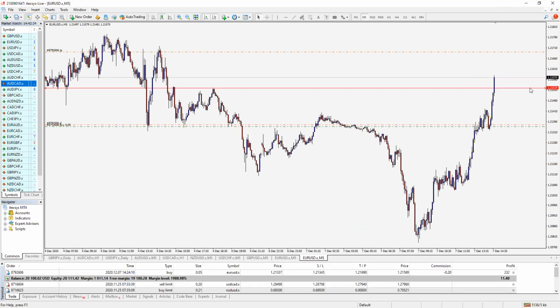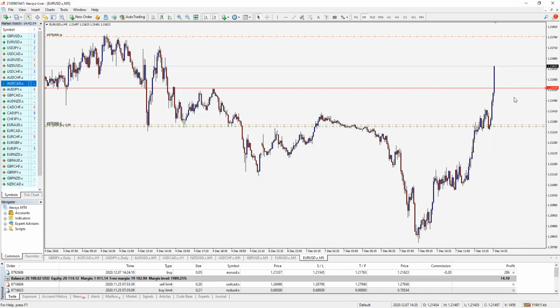Let's see. This is last resistance. It's been broken. Now, of course, we do have supply here, not sure how strong. We might just test the very highs of these highs.